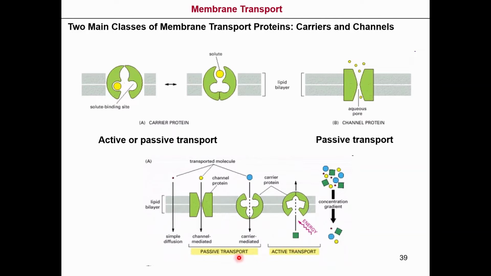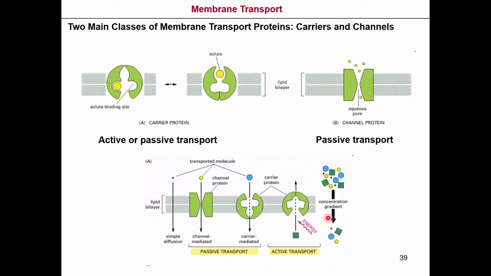The passive transport will go with the concentration gradient, from the high concentration compartment to the low concentration compartment. The molecule will be transferred spontaneously down the concentration gradient.